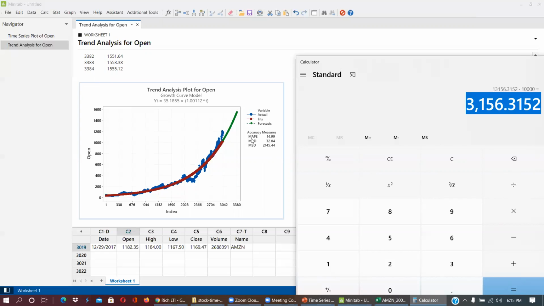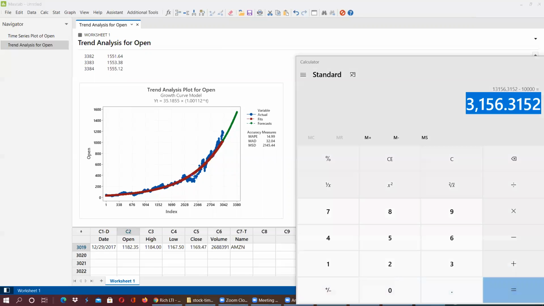Here you can see accuracy measures. These accuracy measures are the deviation from the fitting values. The lower the values of these MAPE, MAD, the better your forecasting.